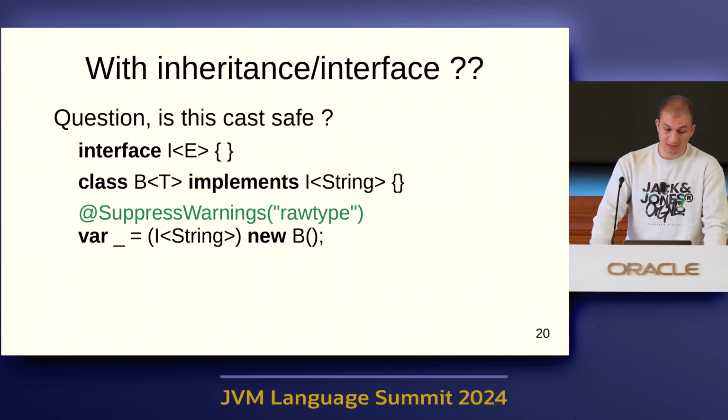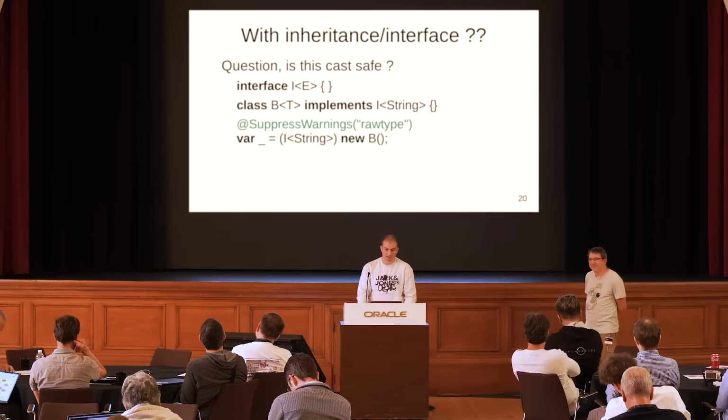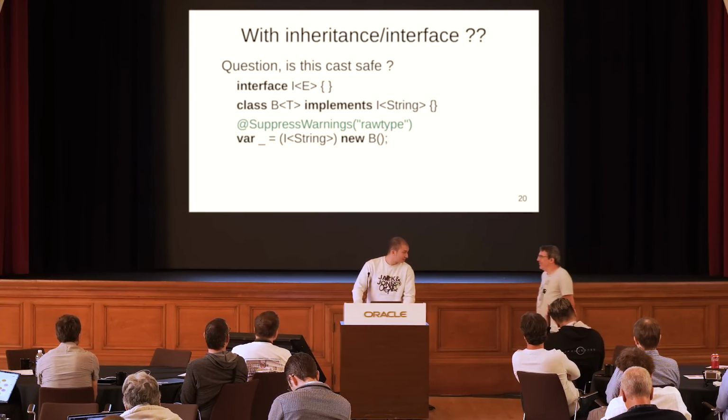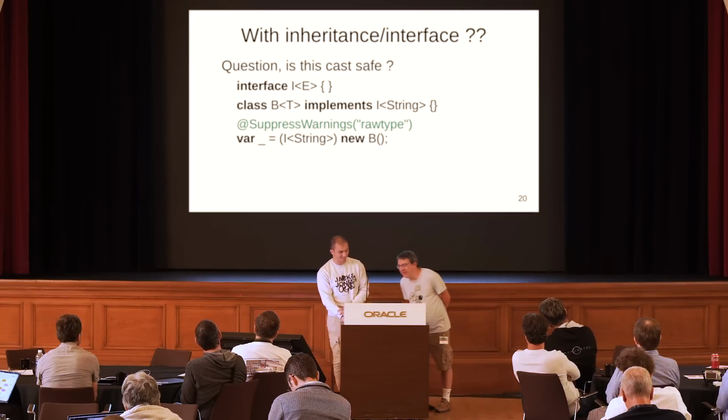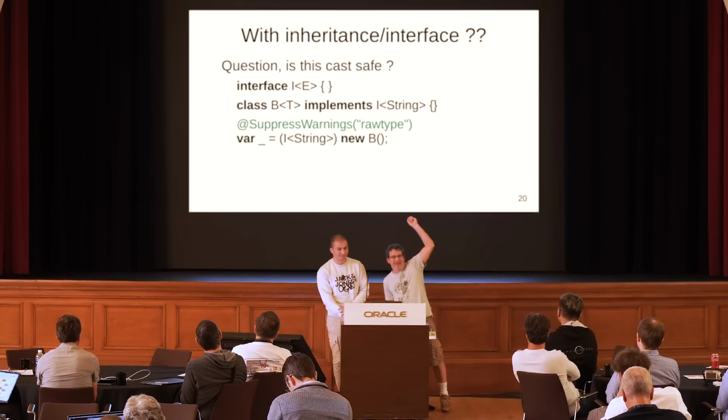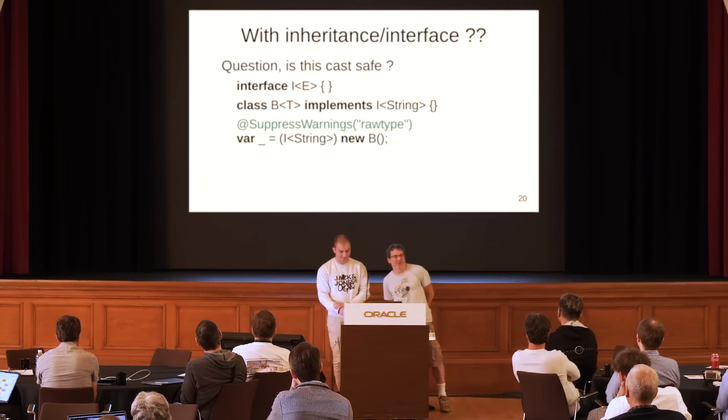And this time, for the question of inheritance with row types, let's say it's a kind of game. It's a question for all of you. Is the cast here safe or not?